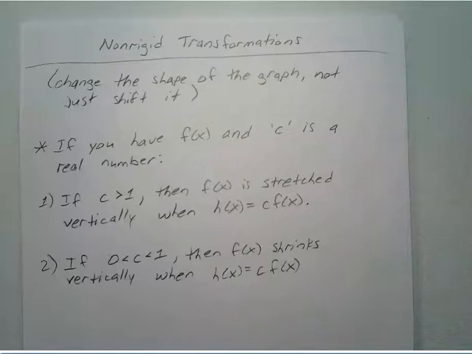So one way to look at it is it will shrink vertically if you have either a decimal or a fraction that's less than 1. Now, if it's less than 0, then of course it's going to flip. But just between 0 and 1, that means that it's just going to shrink vertically. And I'll show you what I mean by shrink vertically.